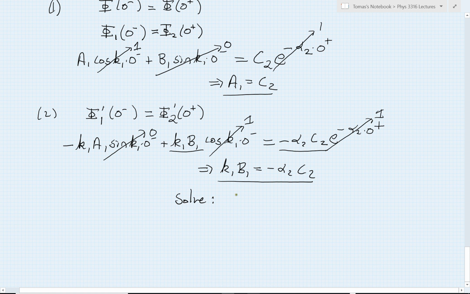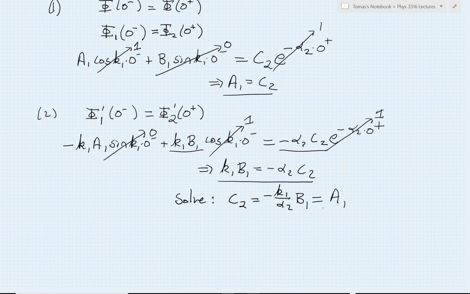I guess I just learned that c2 will equal minus k1 over alpha 2, I'm focused on this equation up here, times b1. And then I also knew from up above that a1 and c2 were the same thing. So this will give me a1. So now I know a and c both in terms of b. So that gives me then all of the constants in here.